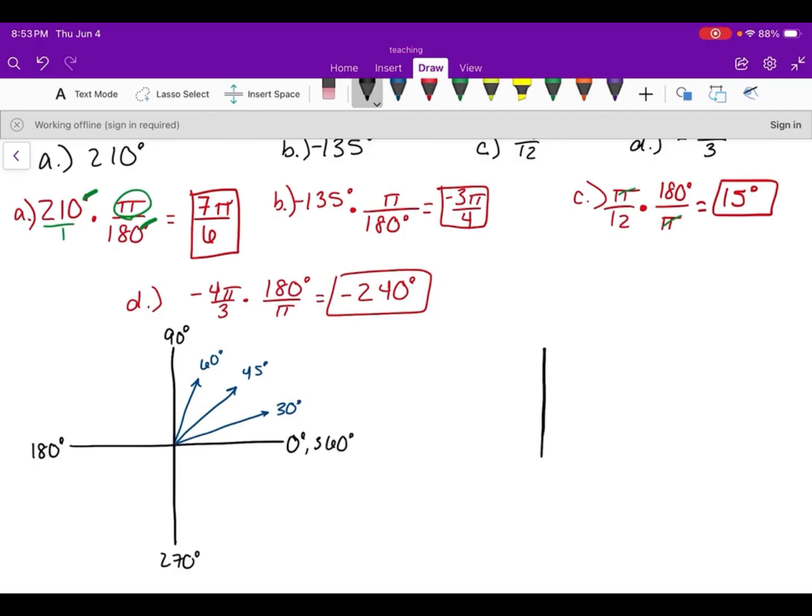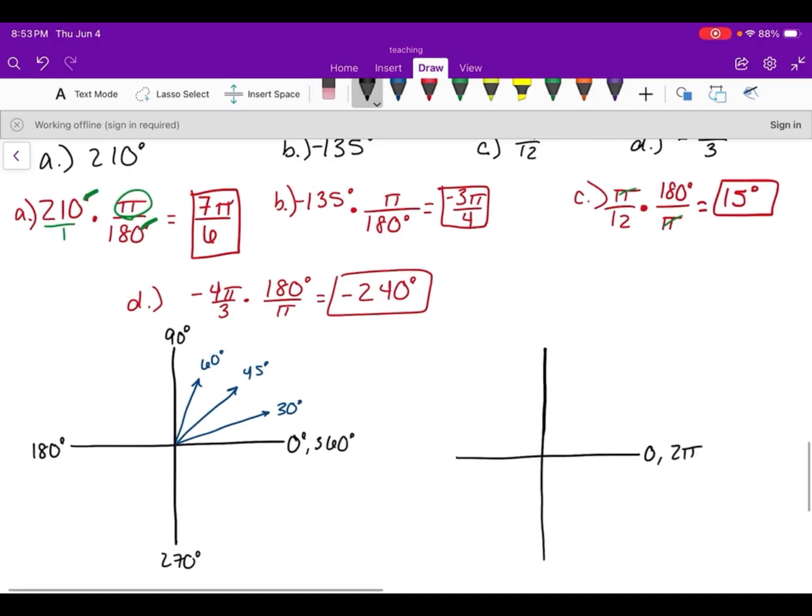So if I draw all this in radians, let's see what I get. I already know that 0 is still 0. 360 is 2 pi. 180 is pi. We found that out earlier. Now let's think of this for a second.